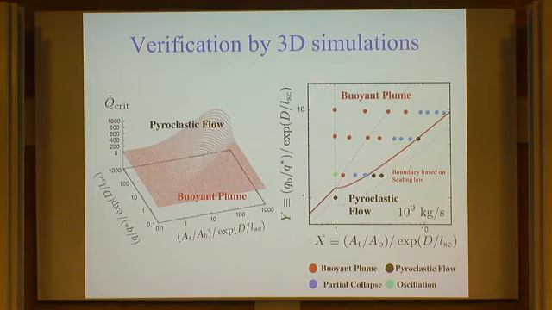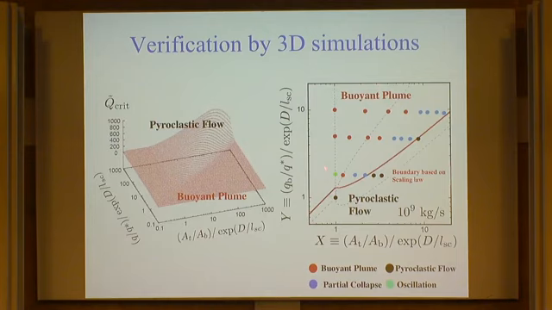And these are 3D simulations for a magma discharge rate of 10 to the 9th kilograms per second, as shown here. Each dot represents a 3D simulation, and the results agree quite well with each other. The red one is buoyant plume, the black one is pyroclastic flow, and the blue one is partial collapse, which I will show later on.